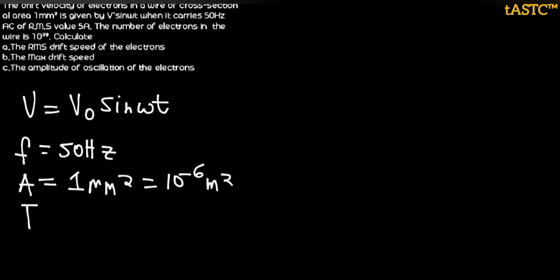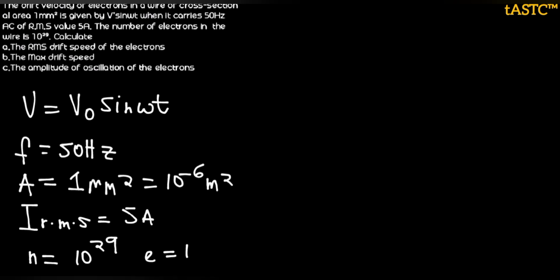The alternating current is going to be written as I RMS, and so that will be equal to 5 amps. Now we also got the number of electrons there, which is 10 to the power of 29. What is the charge of an electron? That is represented as 1.602 multiplied by 10 to the negative 19 coulombs.